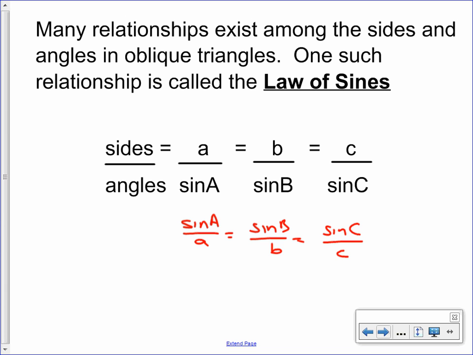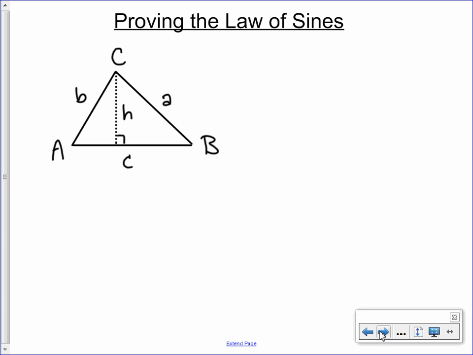Here's the proof. All right, here we go. P.S. Go ahead and feel free to pause the video to draw the picture and then continue when you're ready. So let's say you're looking at side a. If we were to drop a 90-degree triangle, wouldn't you agree that sine A is equal to the height over b?